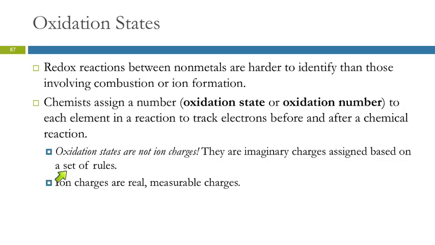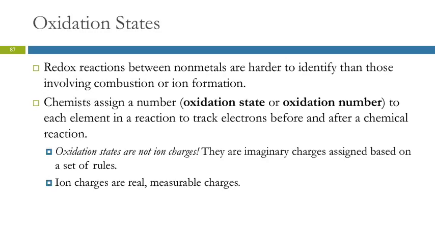It is very important to understand that oxidation states are not ion charges. They aren't. They're just a kind of a bookkeeping method. They're imaginary charges that we assign based on a set of rules. We made this up. Okay? Ion charges are real and measurable.